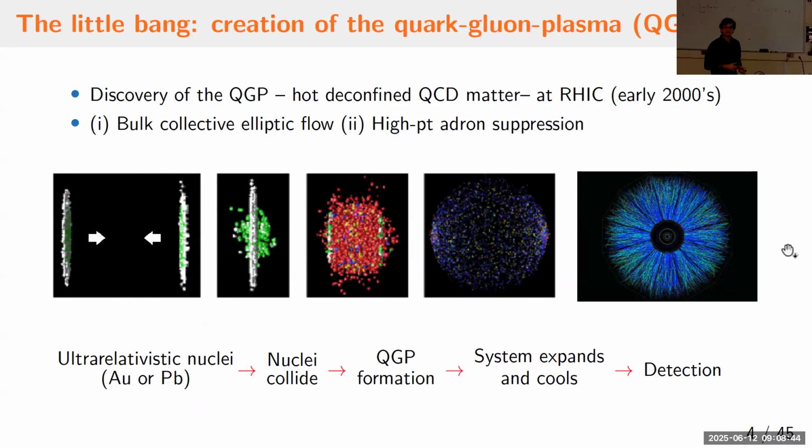They collide. This is time 0, and all of this kinetic energy will be transformed into the production of a lot of particles. Right after the collision, a lot of partons, gluons and quarks, are freed. Thousands of particles are produced, and they start strongly interacting.